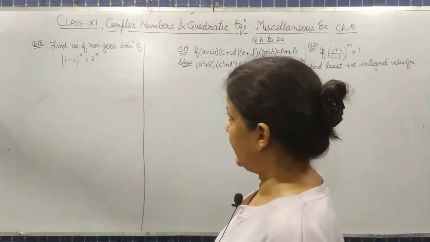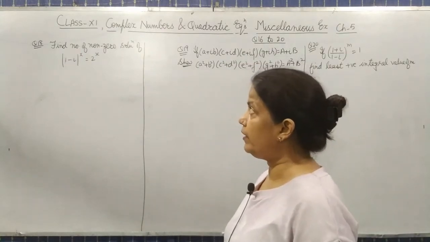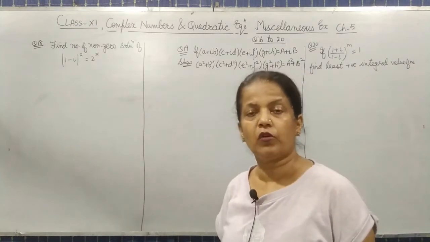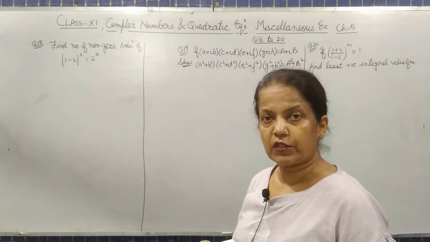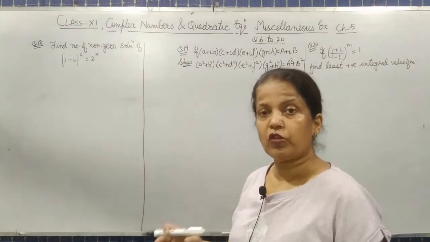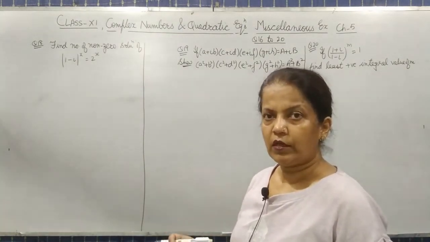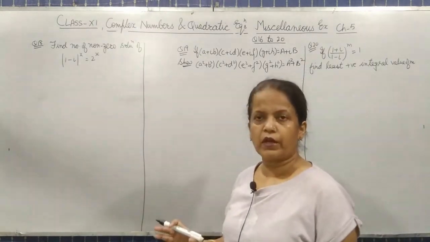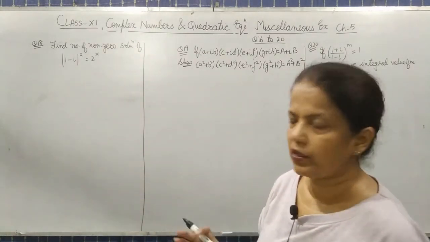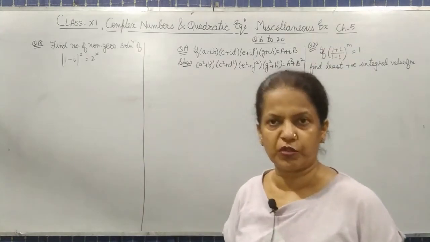In question 18, it is written: find the number of non-zero solutions of this. Non-zero solutions means the zero solution should not be counted. Leaving that out, we have to find how many non-zero solutions we will get.